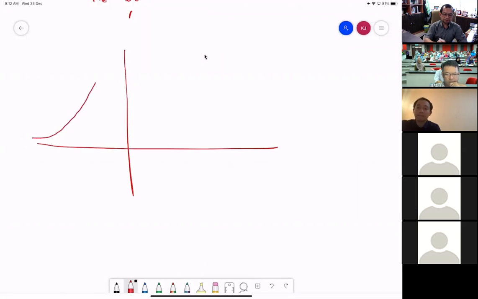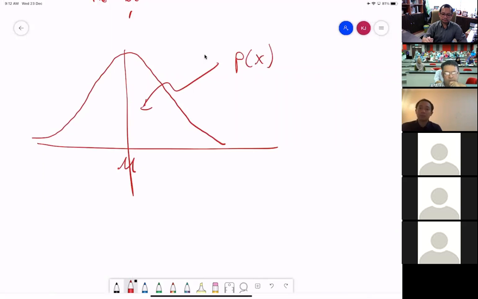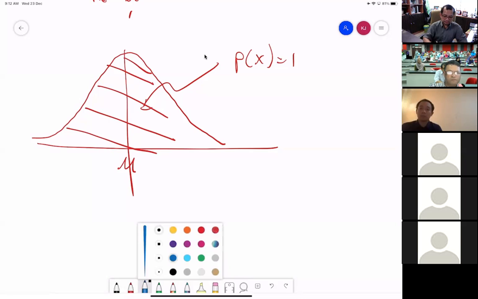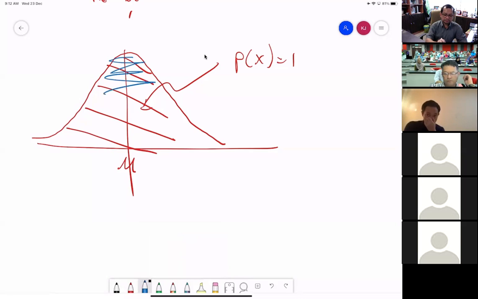This is the normal distribution. This is the mean. The area here is equal to 1. Probability is equal to 1, the entire area. And the variation, that is a deviation.